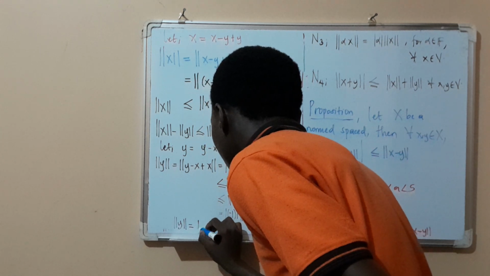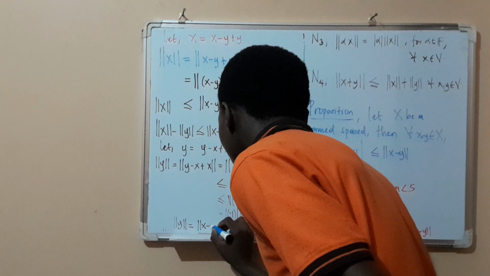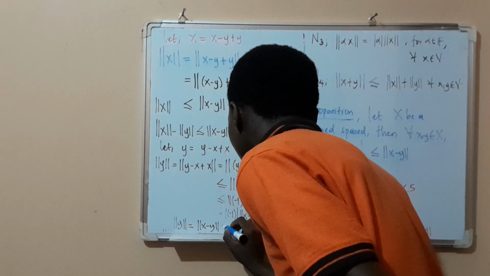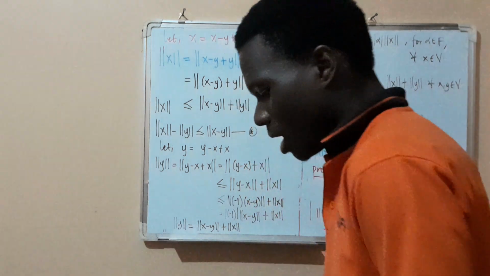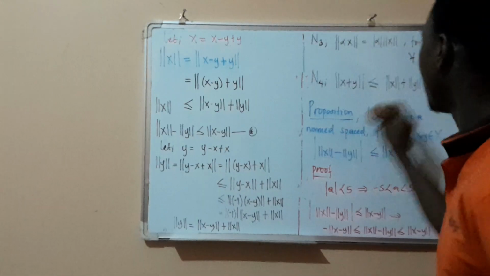So we shall have this being less or equal to the norm of x minus y plus the norm of x. I can take the norm of x to the other side.